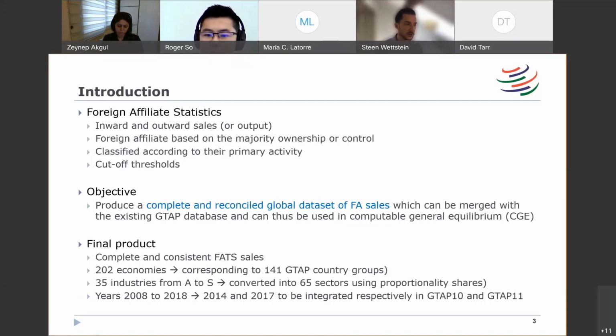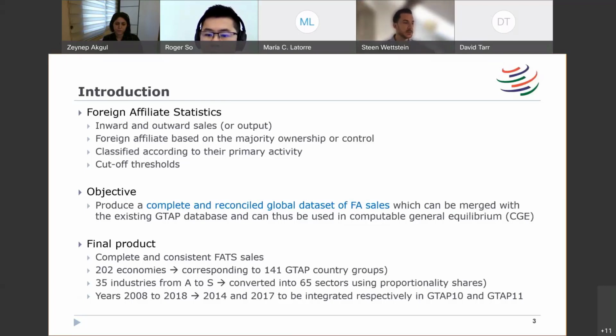Similarly, we work with 35 industries from A to S in the ISIC classification that are converted as well into those GTAP sectors. I think we have more than 60 sectors. And we do this using proportionality shares to do the conversion.